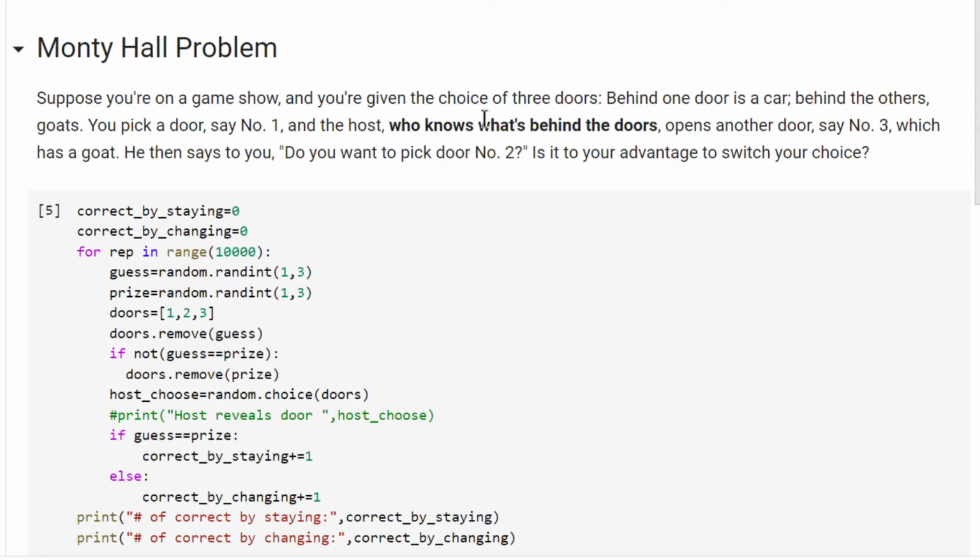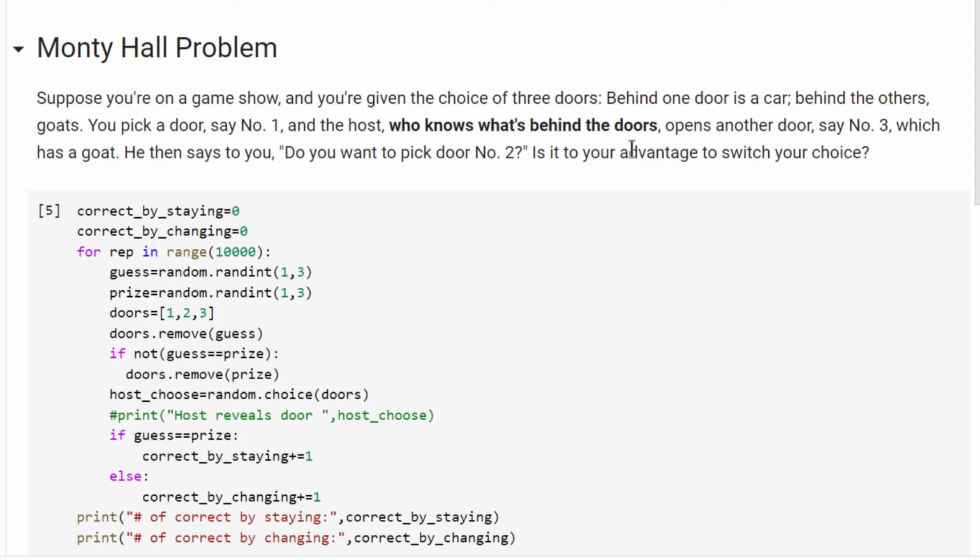It goes like this. The host who doesn't know what's behind the doors will just pick another door, and if it reveals the car, then automatically the contestant loses, so the host says, sorry, you lost. Okay, that could happen, right? So there's no strategy to be done in that case.